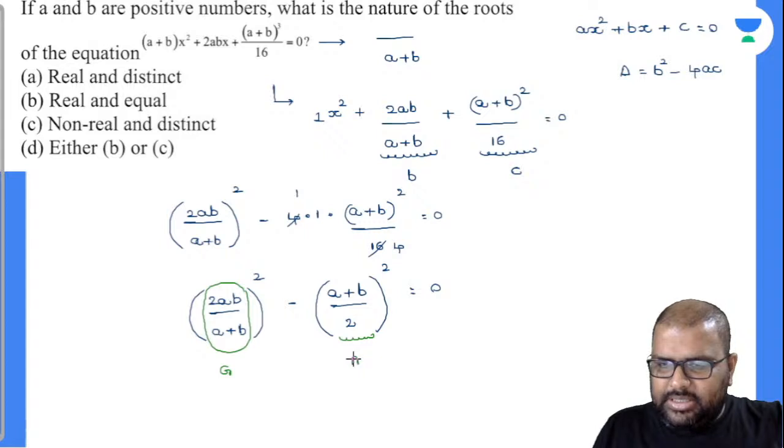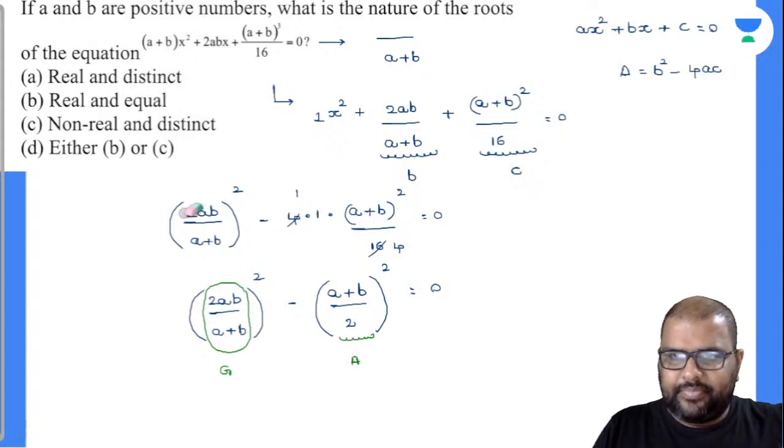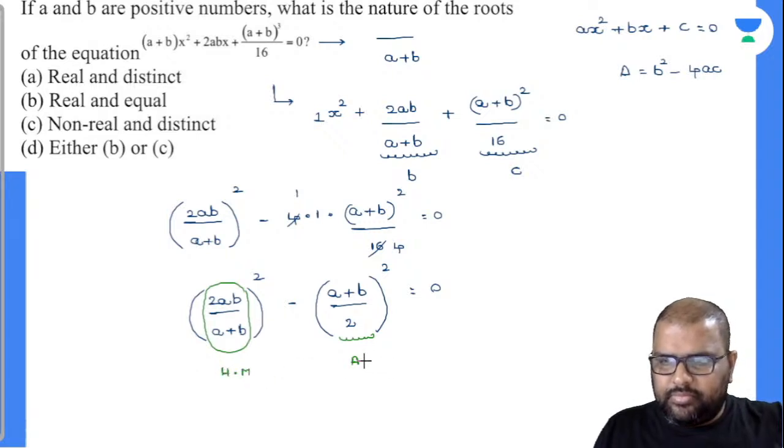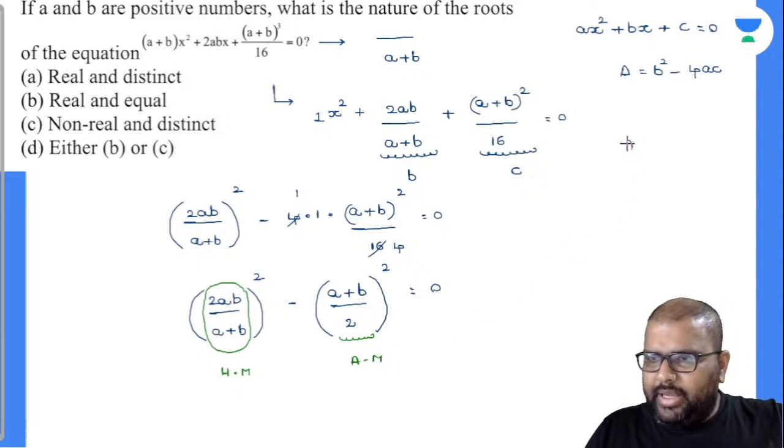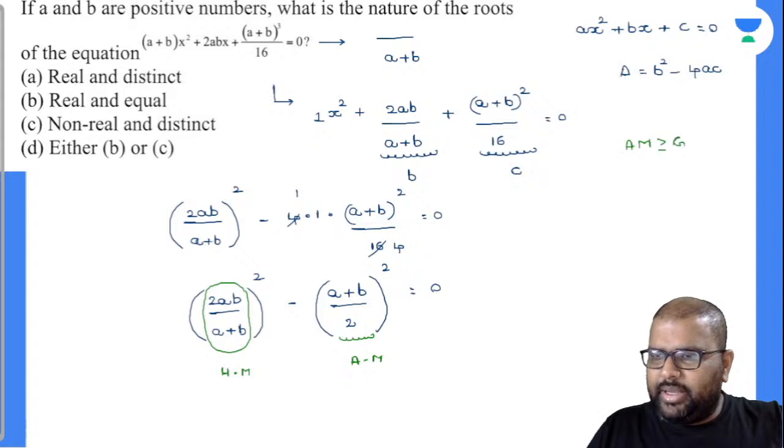Of course, we have a relationship there. Arithmetic mean, everybody knows this, is greater than or equal to geometric mean, which is greater than or equal to harmonic mean.